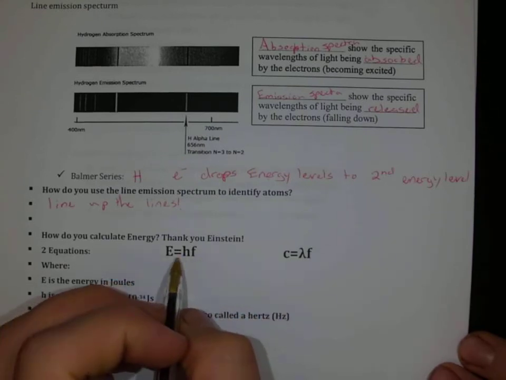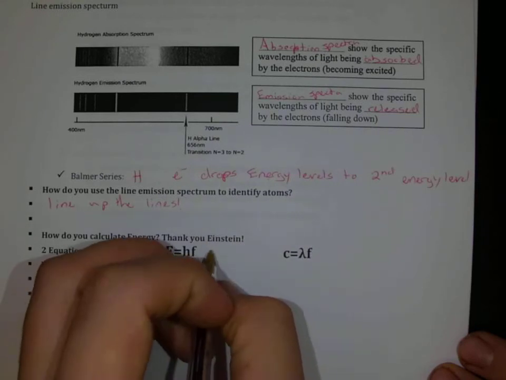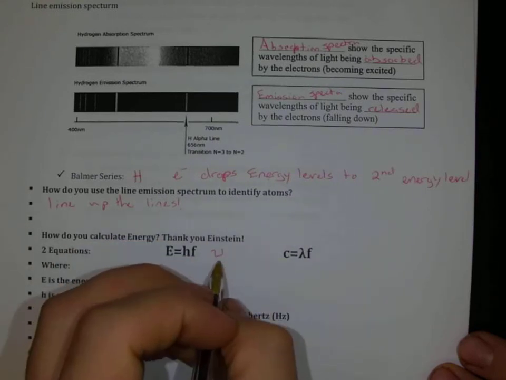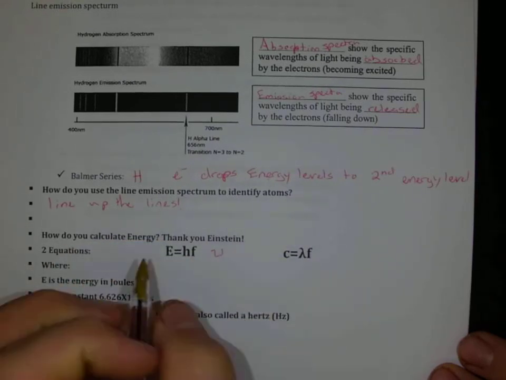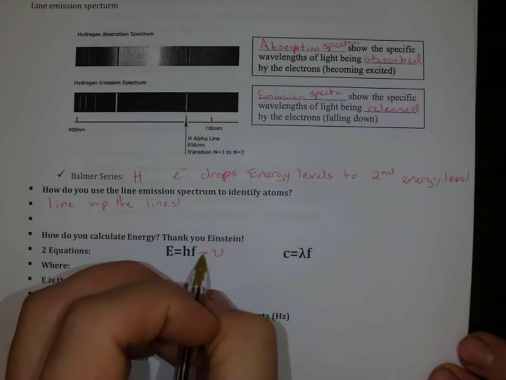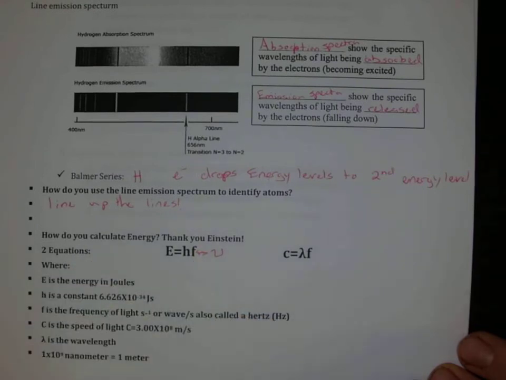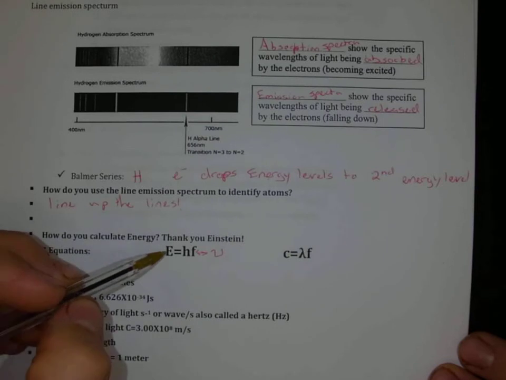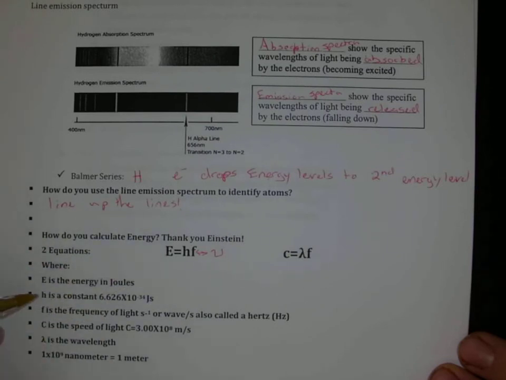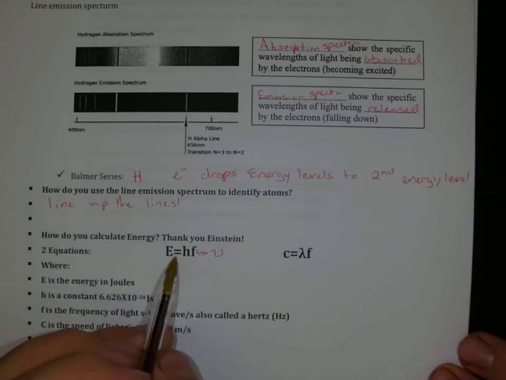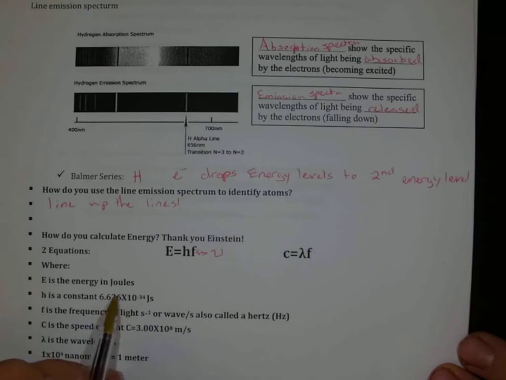I'll also write frequency as the letter nu, which is kind of like a v. So the energy that we measure is always going to be in joules, so whatever we have, our resulting calculation is going to be in joules.